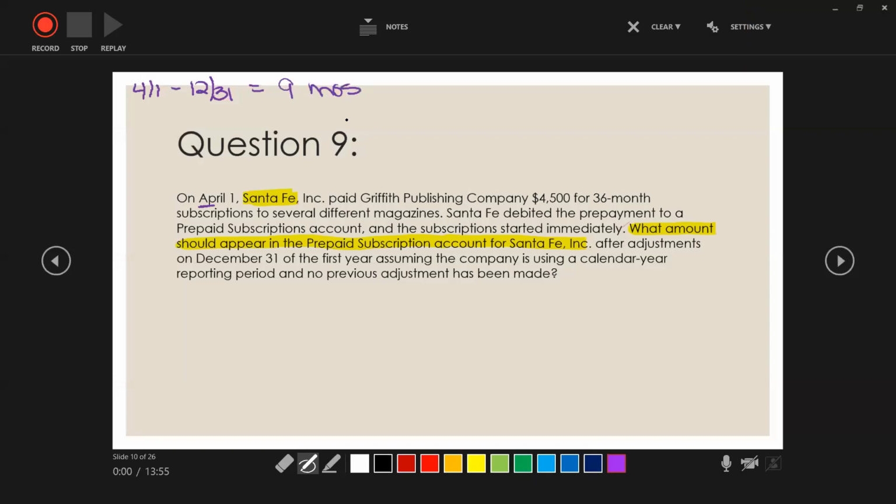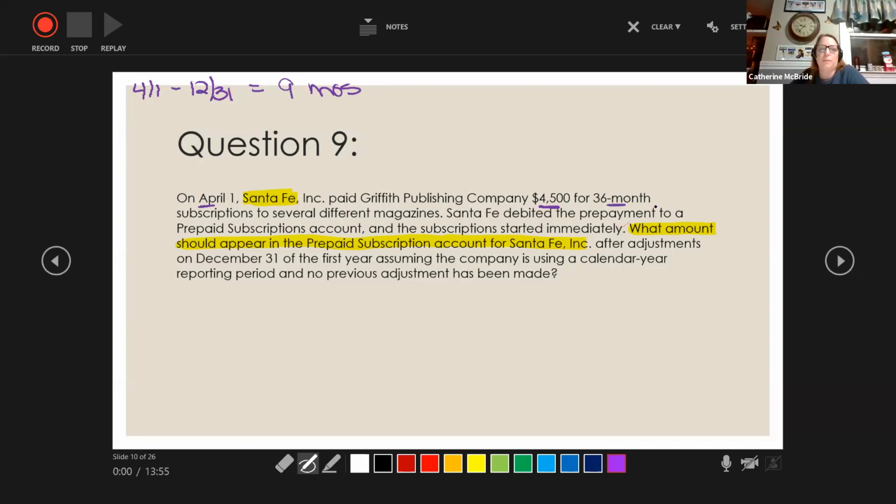Santa Fe Inc. paid Griffith Publishing Company $4,500 for a 36-month subscription. So on April 1st, this is what was recorded. Wait, who are we doing? The prepaid first.